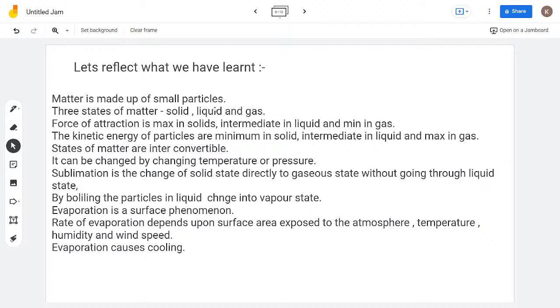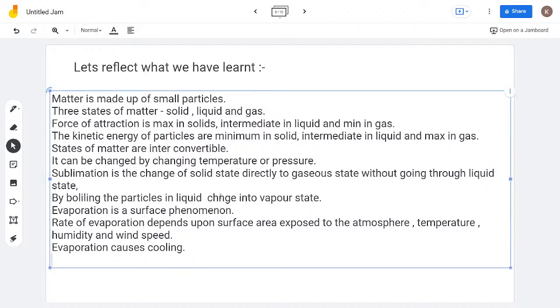Then we learned about sublimation. It is the change of solid state directly to gaseous state without going to the liquid state. And by boiling, the particles in liquid change into vapor state. Then we learned about evaporation.